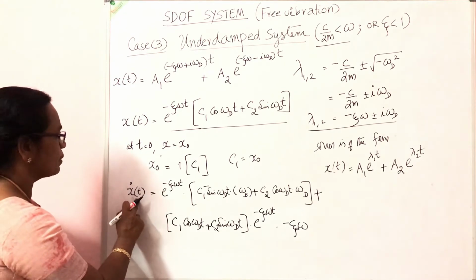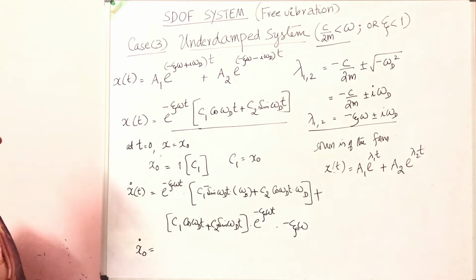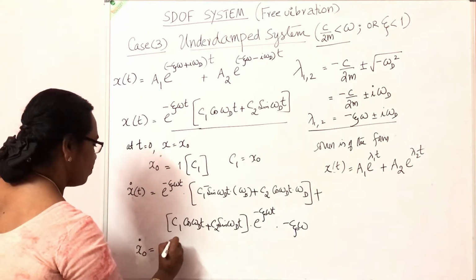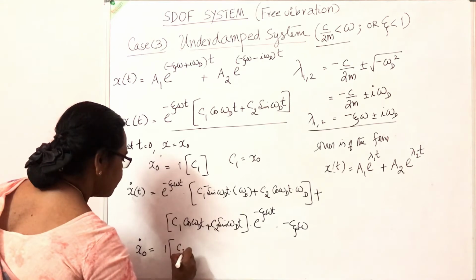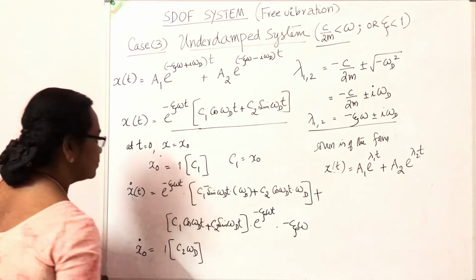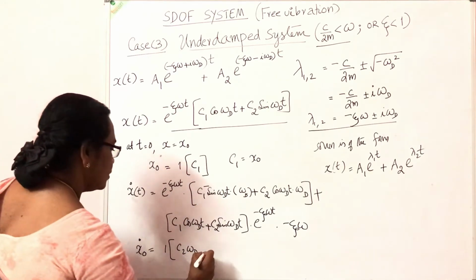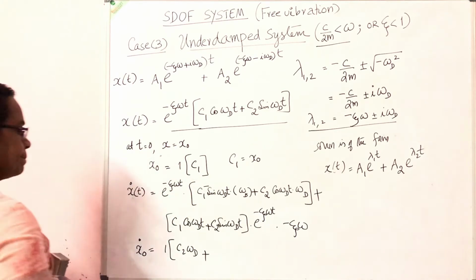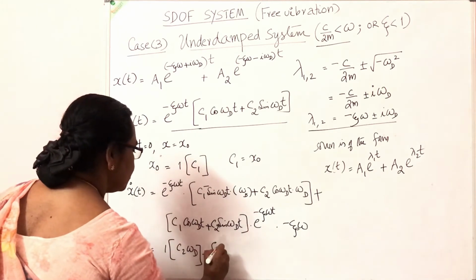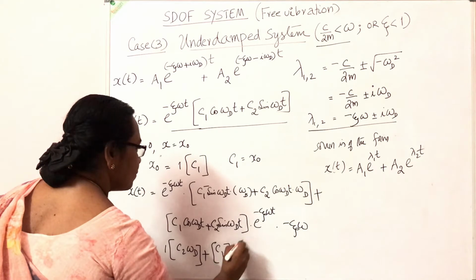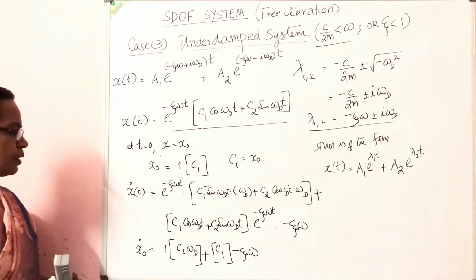Now put t is equal to 0 in this expression. At time t is equal to 0, the velocity is x0 dash. The exponential will become 1, the sine term becomes 0, and this will become c2 ωd. Plus, putting t is equal to 0 in the other term, it is c1 into 1 into minus ξω.